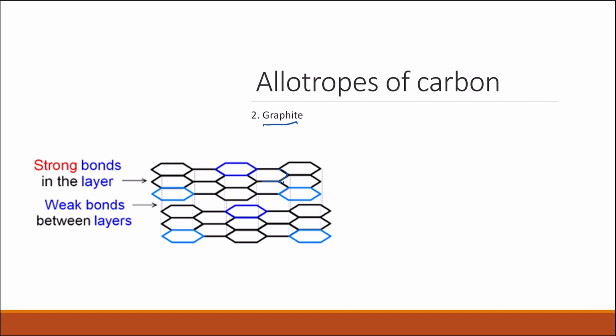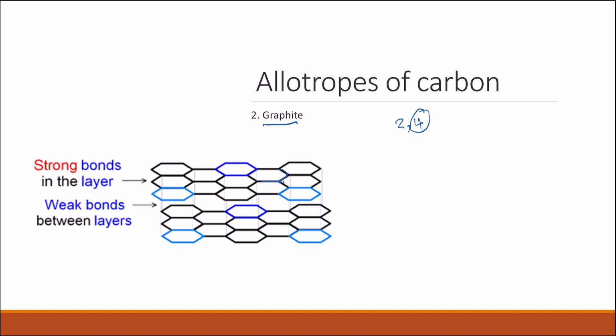Because the carbon has the electronic structure of 2,4, that means it has four electrons in its outer shell, and only three out of these four electrons will contribute in making the three covalent bonds. That means there will be an extra electron that will be free or delocalized, not taking part in formation of covalent bonds, and so graphite can conduct electricity.